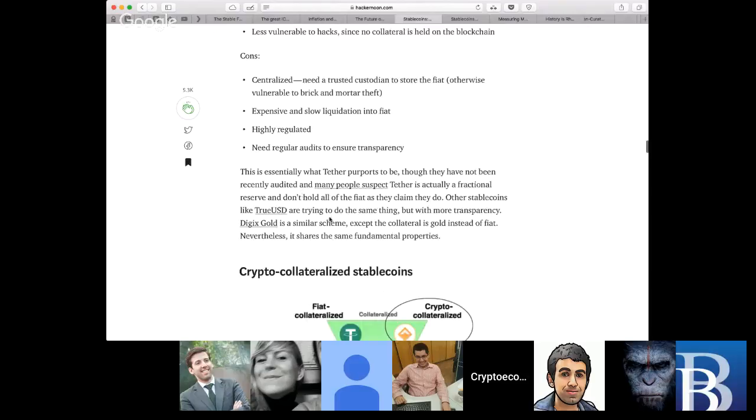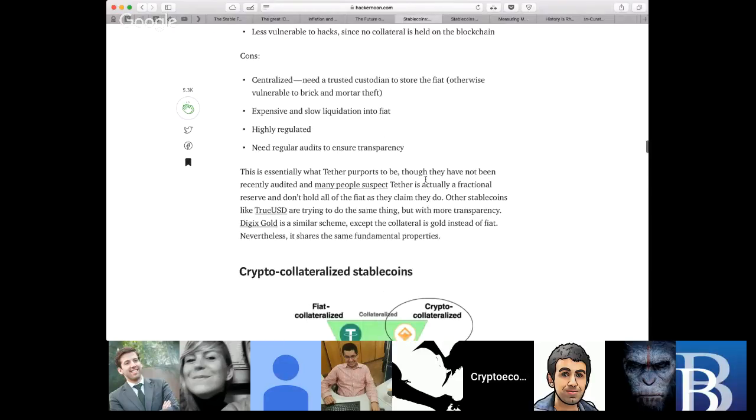So I assume you have heard of Tether, which is the main project in this category that recently went under scrutiny and a bit of worries from the community because of the transparency about their reserves, right?